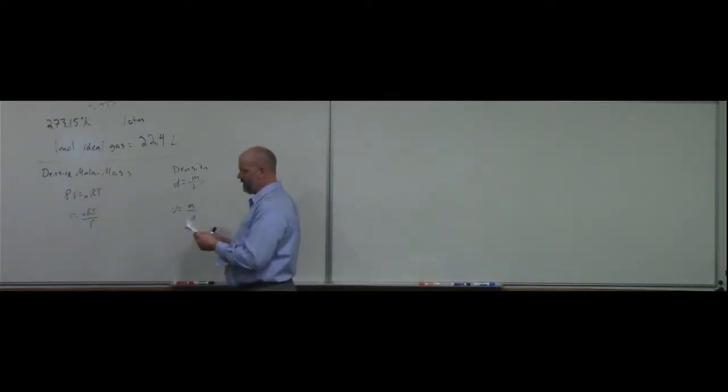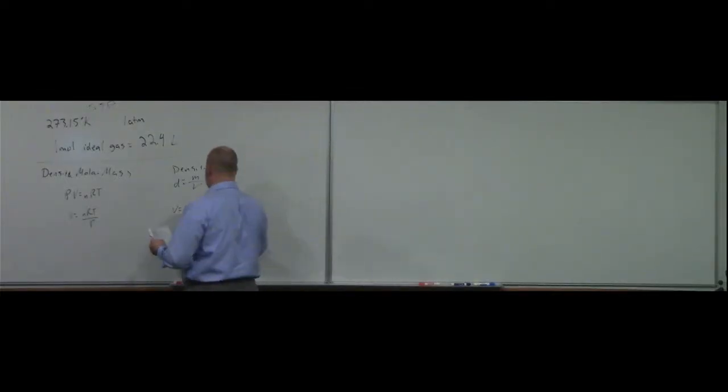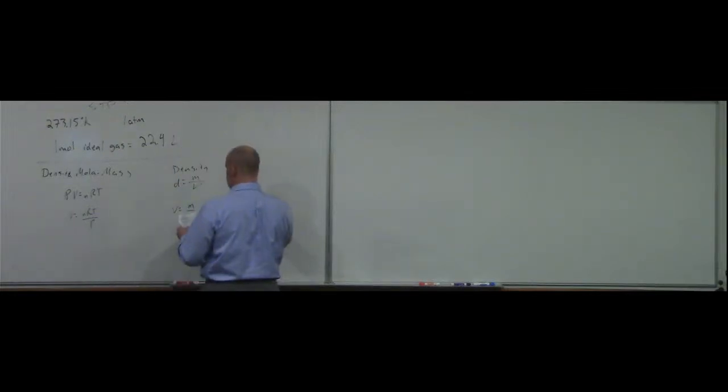Rearranging the ideal gas equation to isolate V and substituting into the density equation, when I put these two things together, I get density equals MP over nRT.